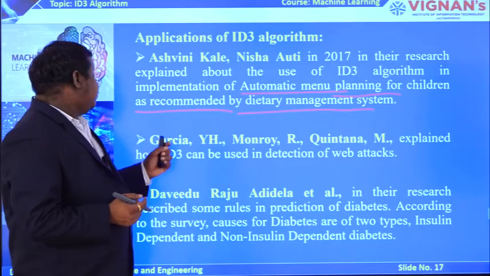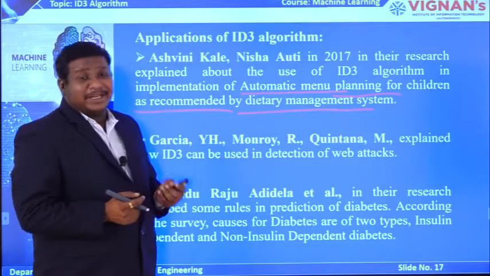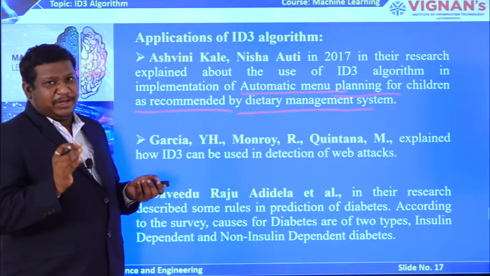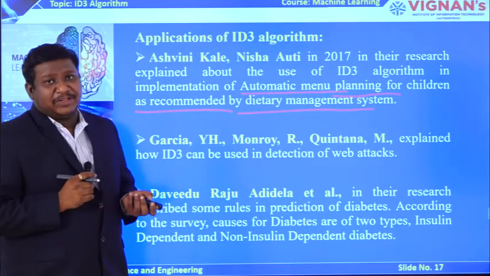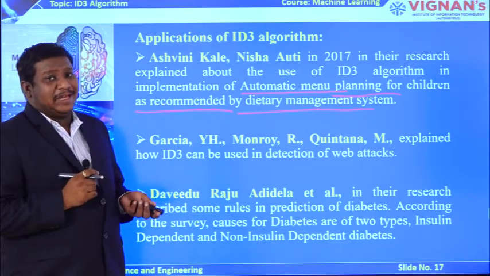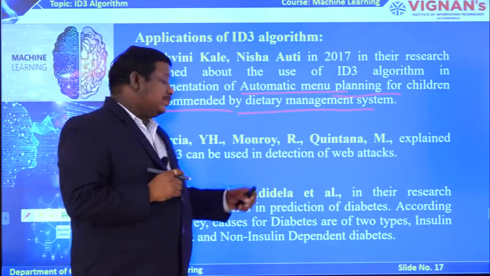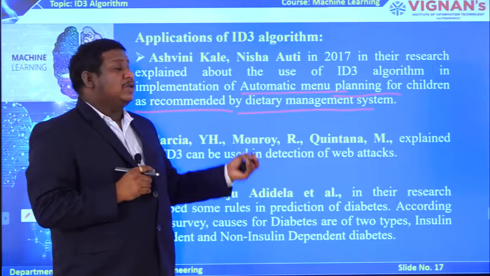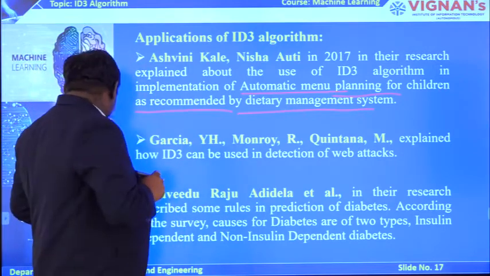Coming to another one, Garcia and Monroy explained that ID3 can be used in detection of web attacks also. And the other one is diabetes classification, and the utilization of insulin for diabetic patients was classified by Davies Raju and other people in 2019 by using this ID3 algorithm.